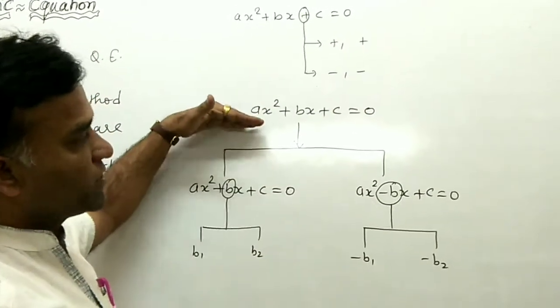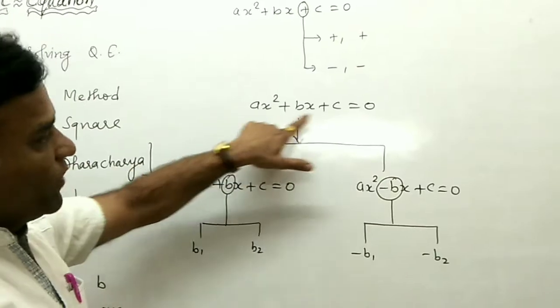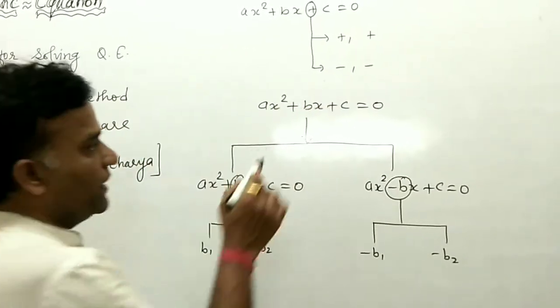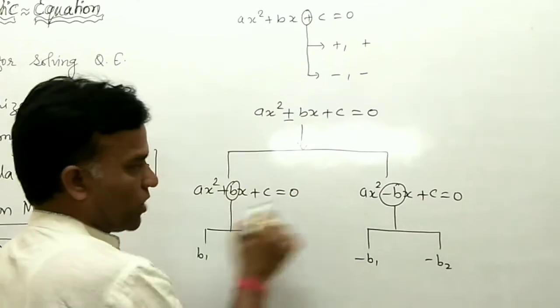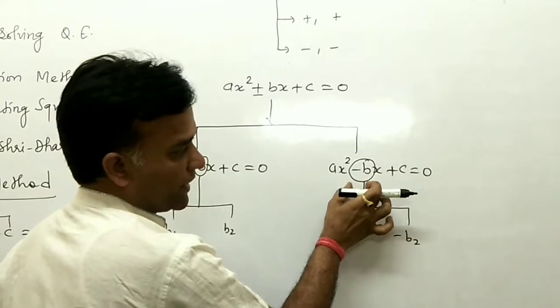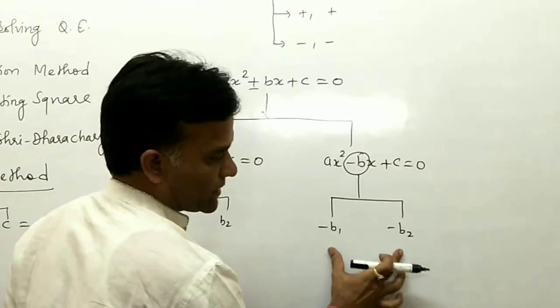So there are two options. When both the factors are plus, the middle term is plus and the last is plus. When the middle term is minus but the last is plus, both the factors are negative.